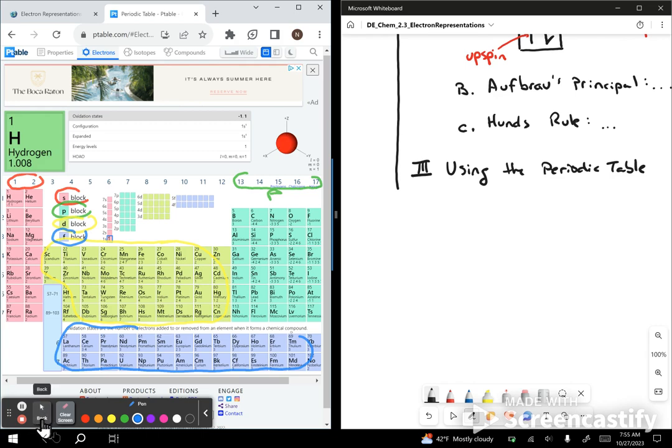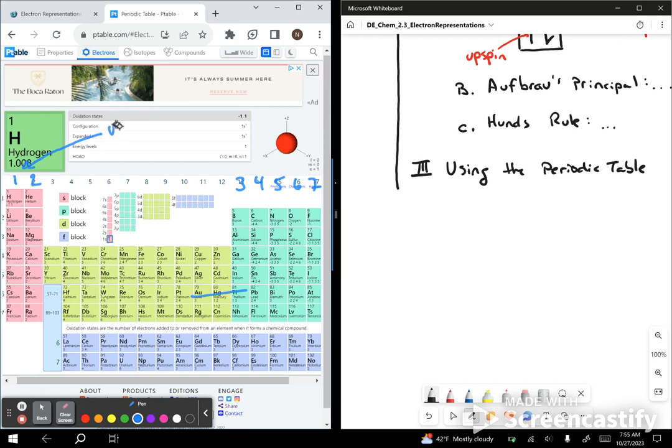If I go back, clear the screen, and come here, this is numbered 1, number 2. This is in the old nomenclature. This was 3, 4, 5, 6, 7, and the last one was 8. This represents your valence electrons.